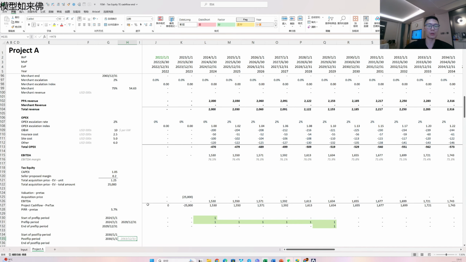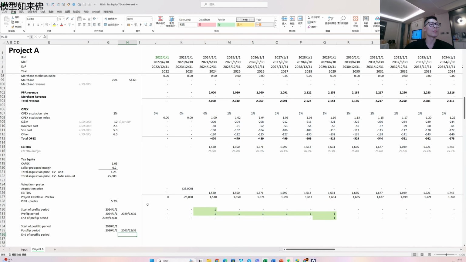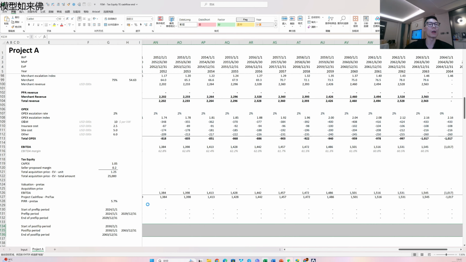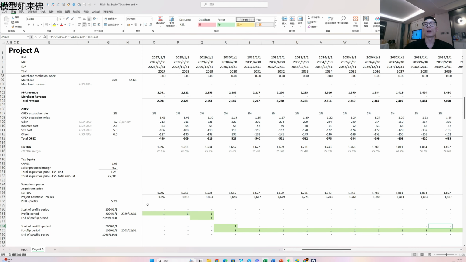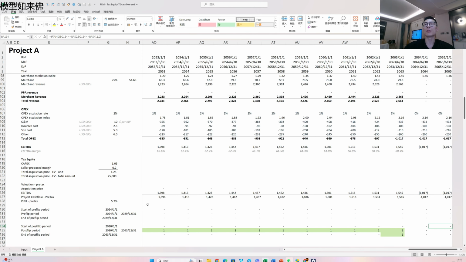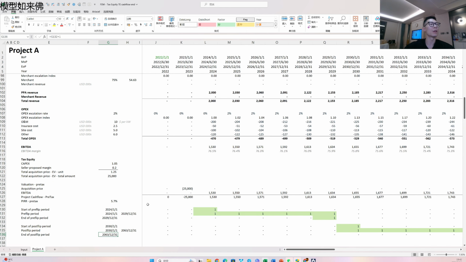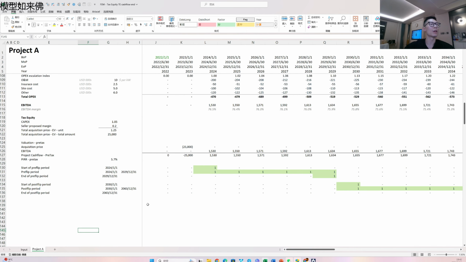Same rule, and same formula here. Okay, have a quick check. So that's the time flag.